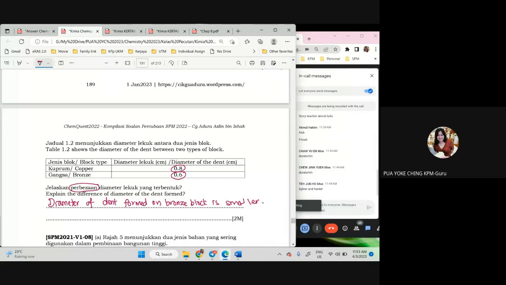Ini dia tak. Dia jelaskan perbezaan. So, kamu kena ingat, you need to tell them what is the perbezaan. Okay, so diameter of the dent form on bronze block is smaller. So, why smaller? Then you akan bagi tahu bronze block is harder.